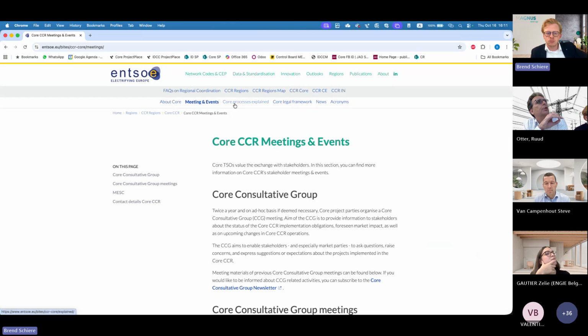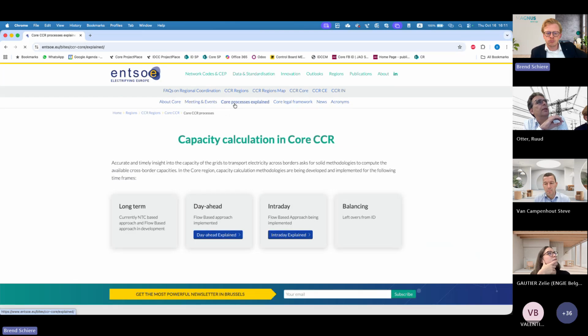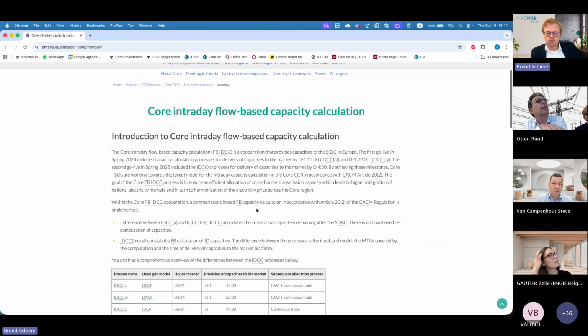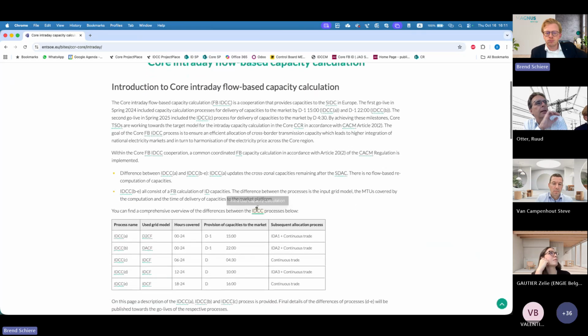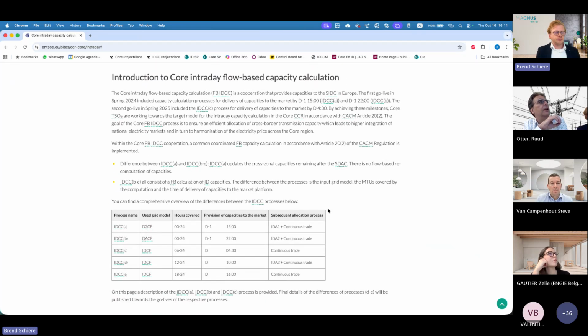If you go to the Core processes explained part, you can see the explanation of the active methodologies that have been implemented and are operational. For instance, Intraday has just been updated with the latest go-live.